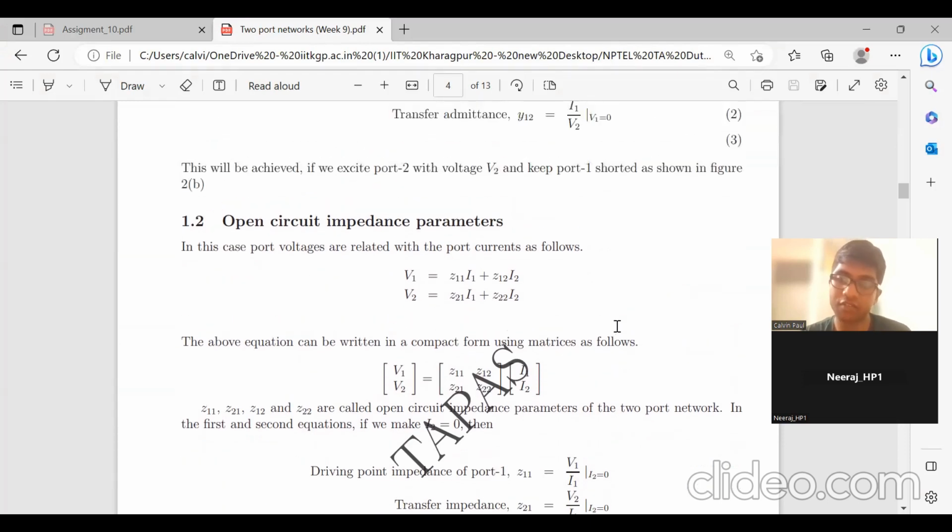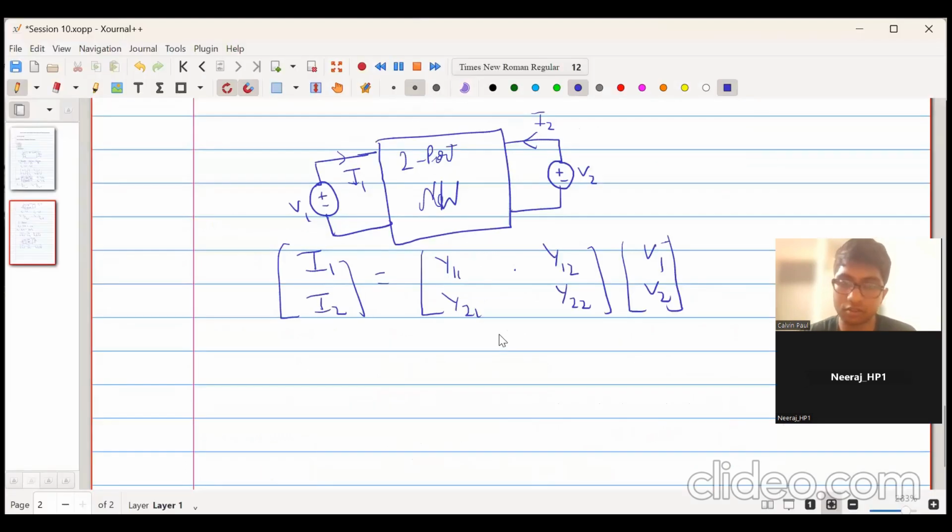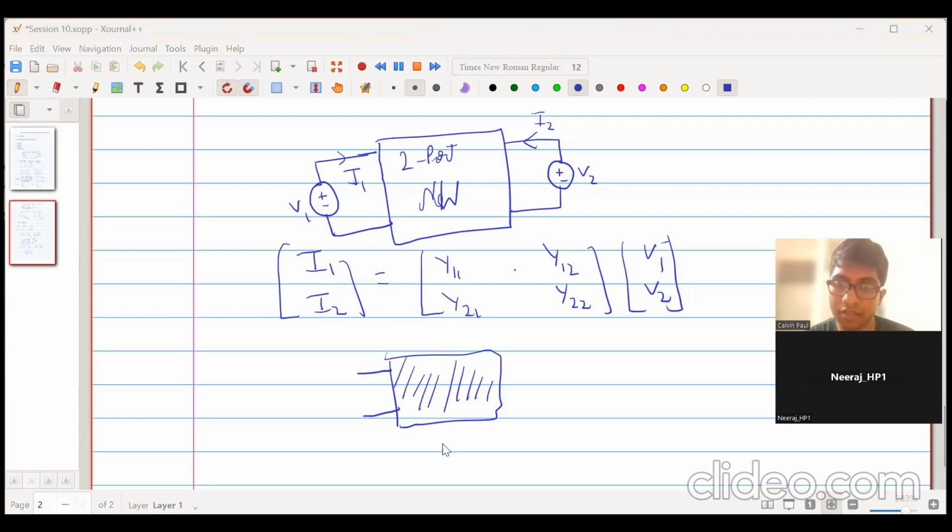Usually you get a two-port network and you don't know anything about it. It's just a black box. They just give you a box where you don't know what is inside. You just have one wire coming out over here, one wire coming out of here. Yes, we can get one matrix from the other using matrix operation.